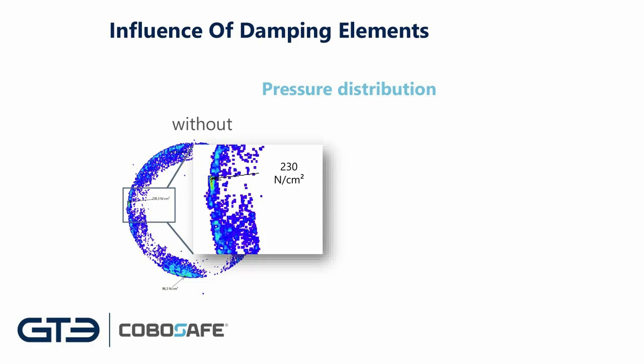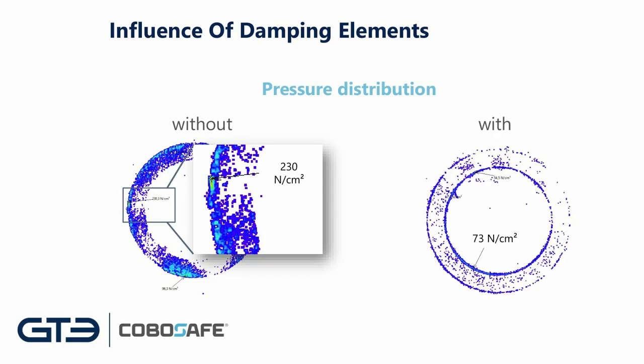So when we use a damping element, you can see that the pressure decreases to only 73 Newton per square centimeter. I would like to emphasize that these results are not falsified by using a damping element. And as already mentioned on one of my first slides, you will get more realistic results. And like I said, these damping elements are just mentioned in R15806, not in the ICTS 15066.